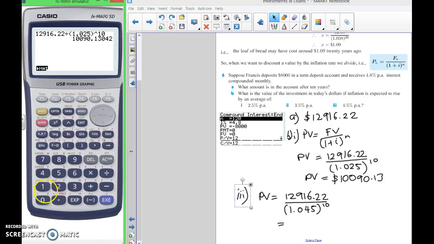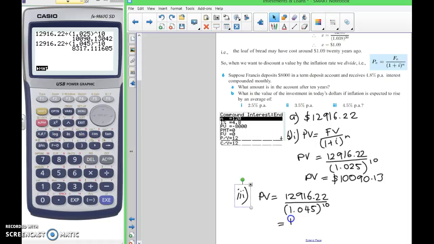Now in the calculator, 1.045 to the power of 10. You see that with the rate of inflation of 4.5%, which is 2% higher, the value of our investment is much lower. So the more that inflation increases, the less our money is worth to begin with.